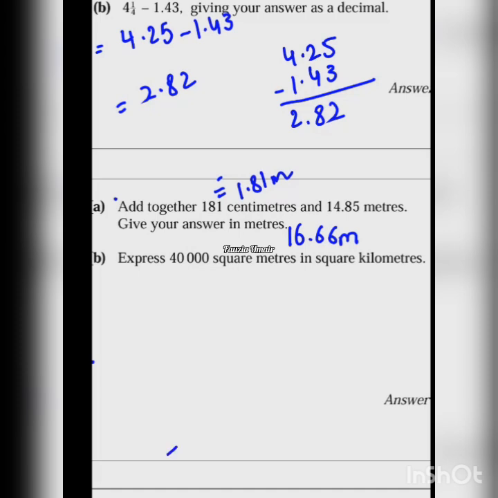Yes. The next question is another topic in the list of topics you have under numbers. Express 40,000 square meters in square kilometers. Meters into kilometers, first, yes beta.